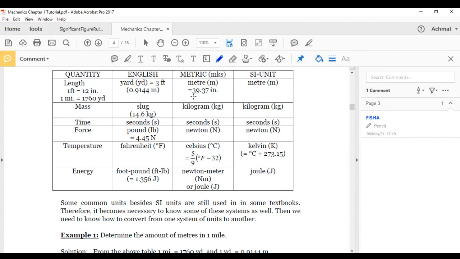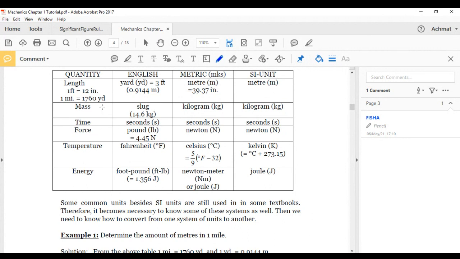And there we can see 1 meter will be so many inches. The SI unit will be the meter. So you can see there, feet, inches, yards, miles, kilometers, millimeters, centimeters, parsecs, light years, whatever they are. The SI unit is the meter.